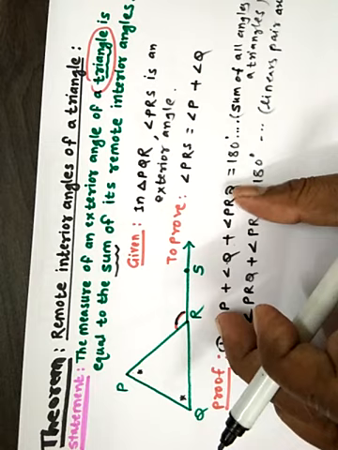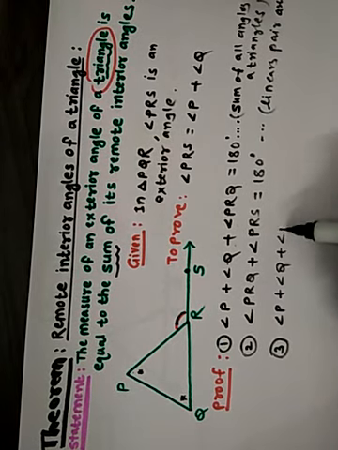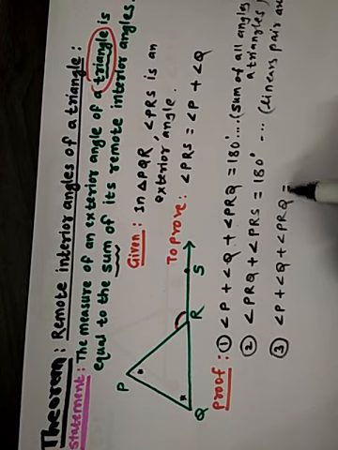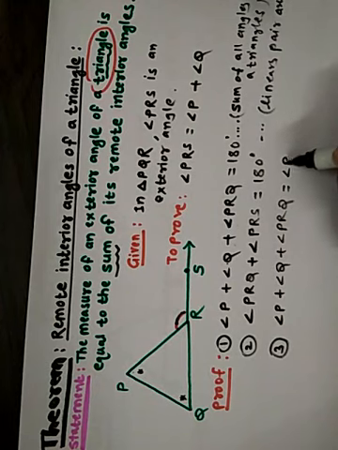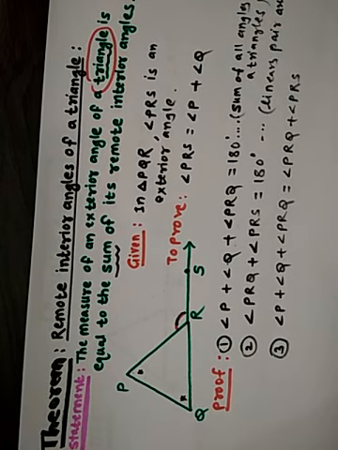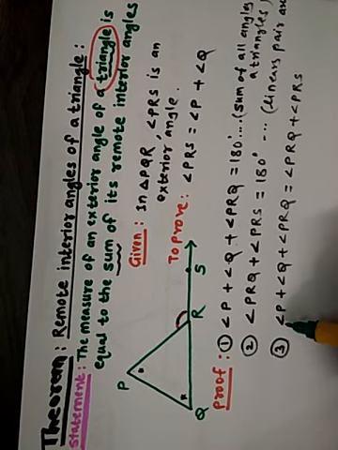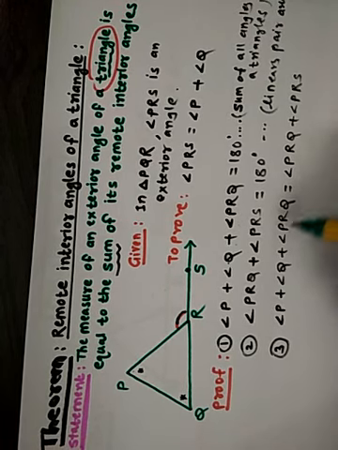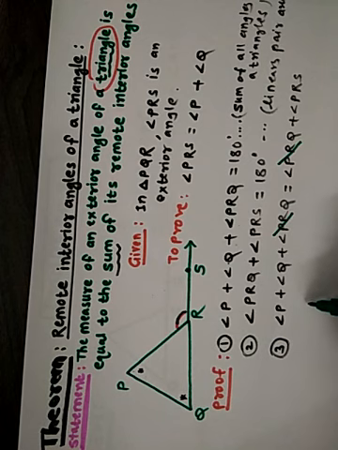The left hand side of the first statement, angle P plus angle Q plus angle PRQ, is equal to the other statement's left hand side, angle PRQ plus angle PRS. Now in statement number 3, angle P means the measure of angle P. In both these sides, angle PRQ is the same in measure, therefore it is cancelled.